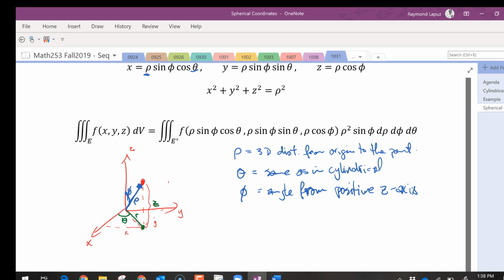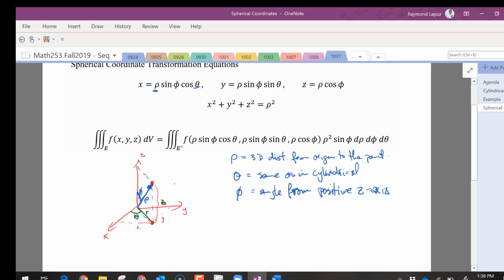So how are we going to change this x, y, z into this other stuff? What they do is they take a look at this. There's kind of a cut looking at it at an angle. Let me see if I can rephrase this angle over here. This is a positive z-axis. This is your measurement rho to that point.